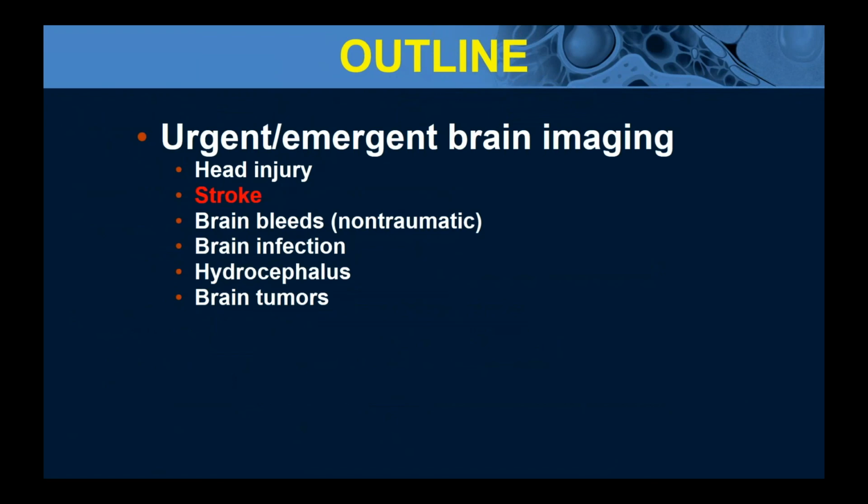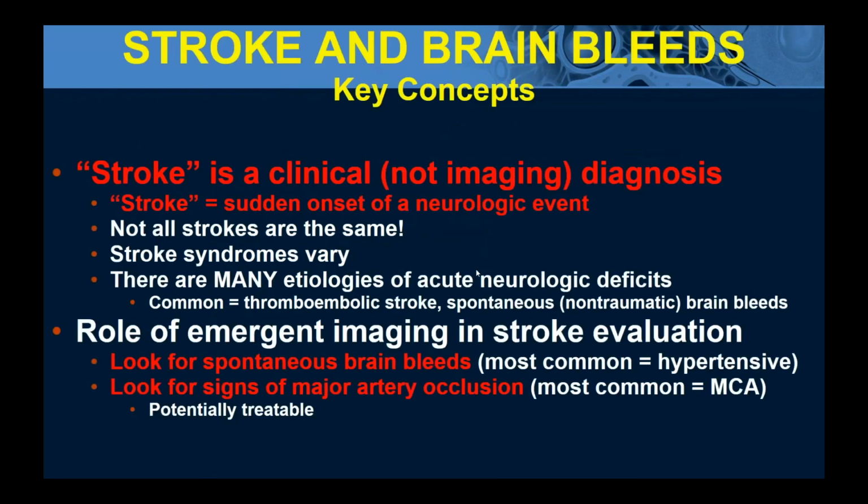Now, we're going to turn our attention to stroke, and then we're going to talk about non-traumatic brain bleeds. When we talk about stroke, remember that stroke, in quotes, is really a clinical diagnosis, not an imaging diagnosis. It basically describes a symptom. It's sudden onset of a neurologic event.